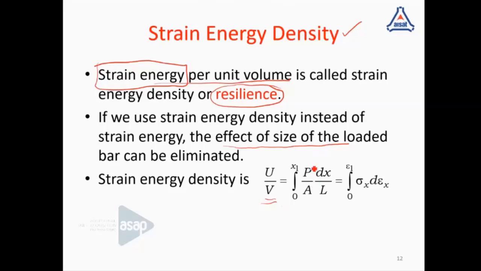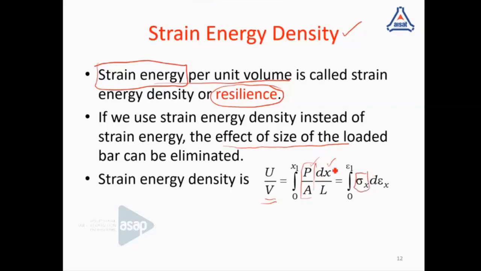So U, we know, is the integral of P into dx. We are taking V also. V is the cross-sectional area A into the length L, which is the volume. Now if you take it separately, P by A is nothing but the linear normal stress.